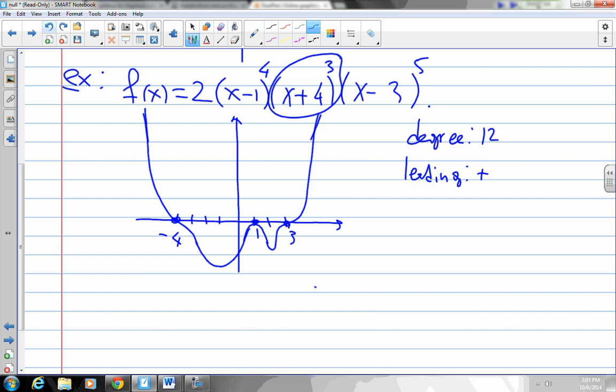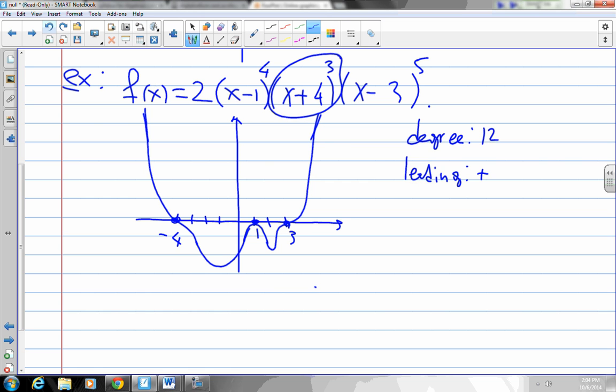So just again, locally, even powers, they're all parabolas, odd powers, they're all cubics, and linear is linear, okay? Now your book puts it in a different notation. They're going to say, well, let's define a notion of a multiplicity of a zero. So whatever the exponent is, it defines the multiplicity of a zero. So let's say x equals 1 is a zero of this function with multiplicity 4. x equals -4 is a zero of this function with multiplicity 3.